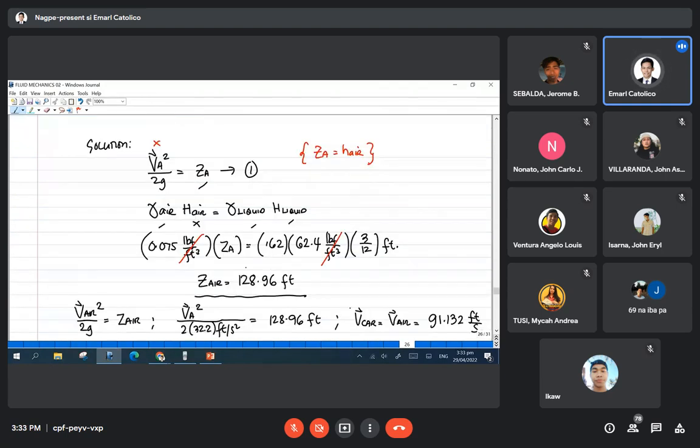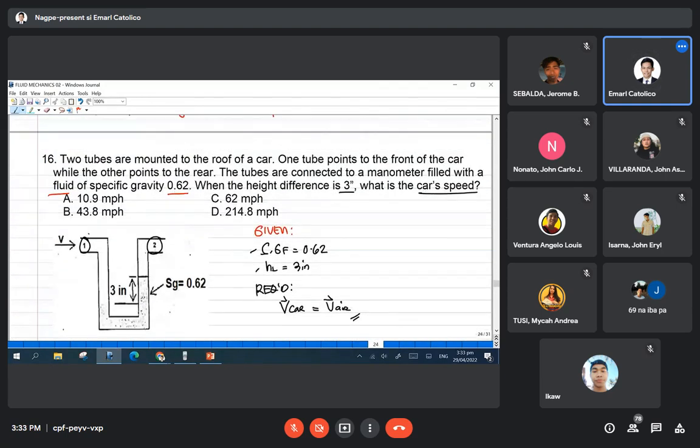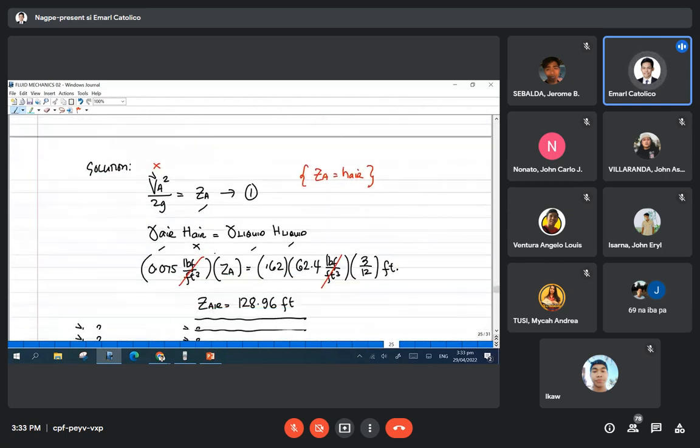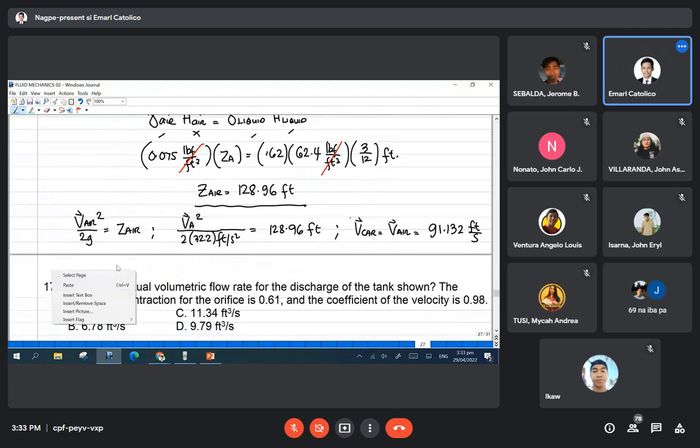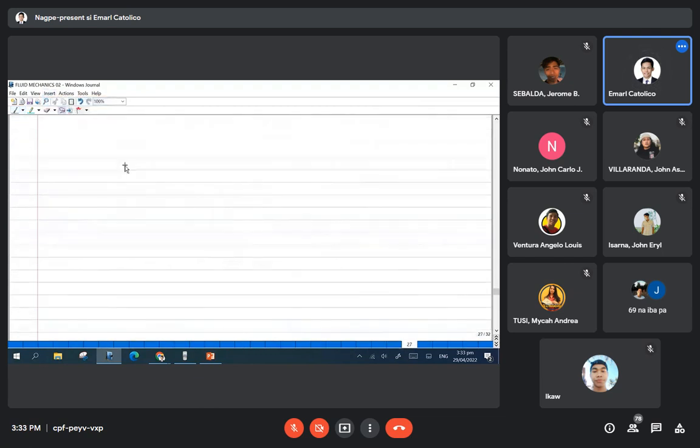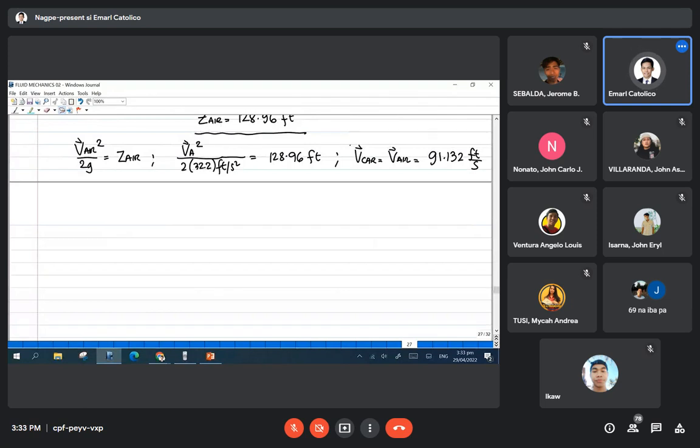So, check natin. Ako, naka miles per hour pala to. So, convert muna natin. Therefore, velocity ng car is equals to 91.132 feet per second. Convert na muna natin yung second to hour. So, 3600 seconds, 1 hour.